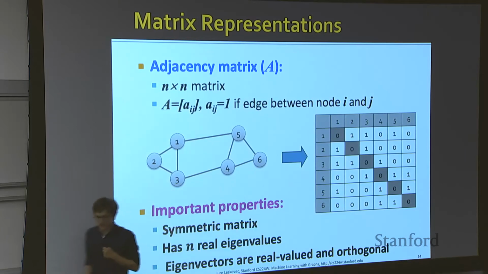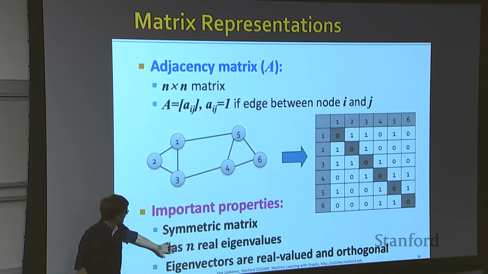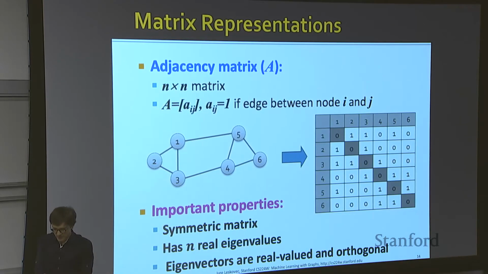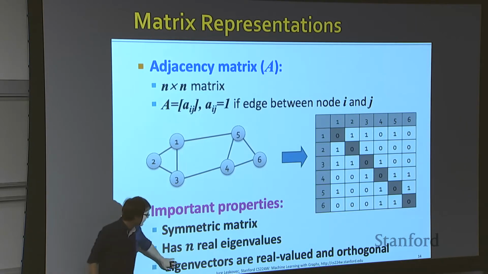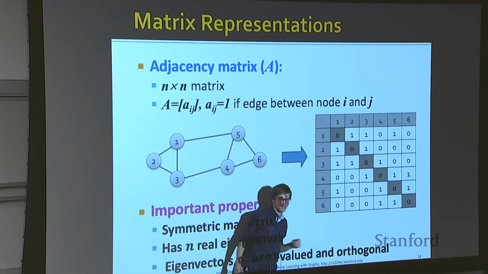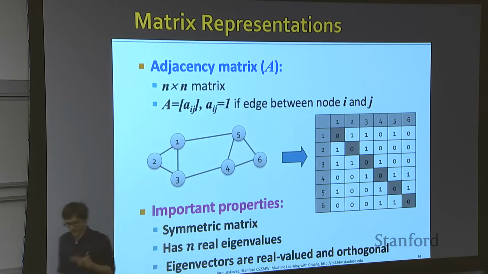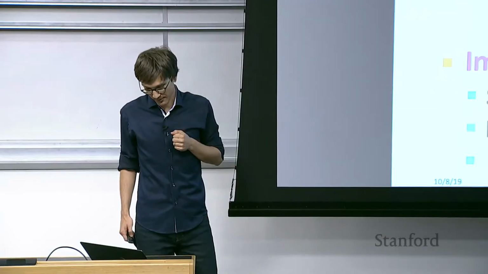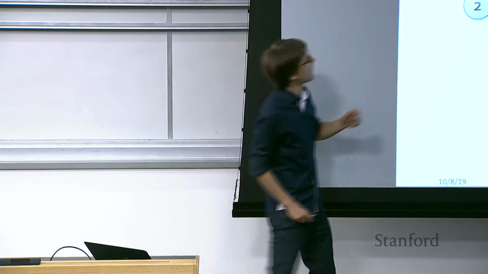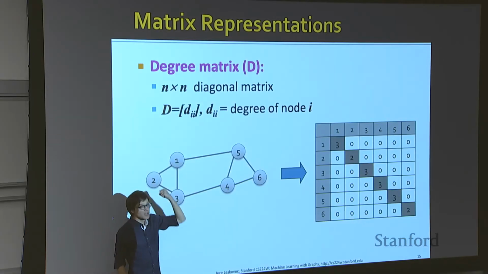The other important property is that it has n real eigenvalues, the eigenvectors are also real valued, and by definition eigenvectors are orthogonal. These are 3 important properties of this type of matrix. The second thing we will do is define what is called the degree matrix.